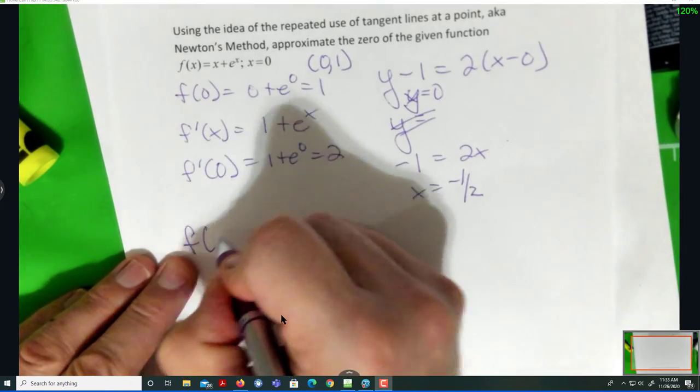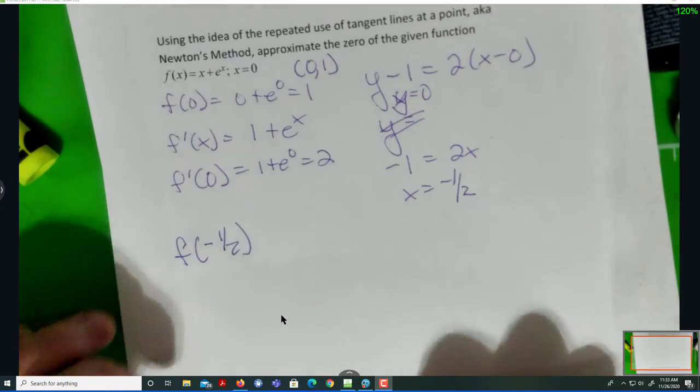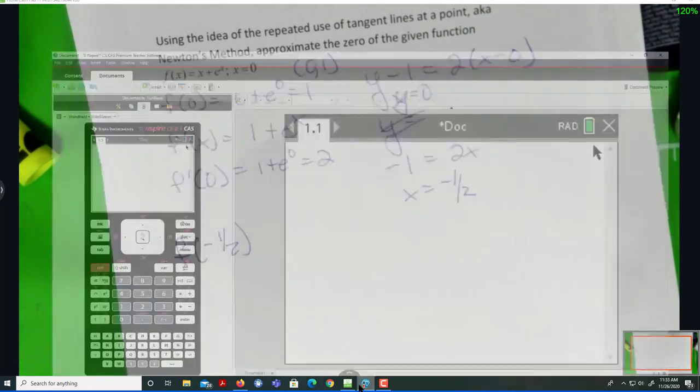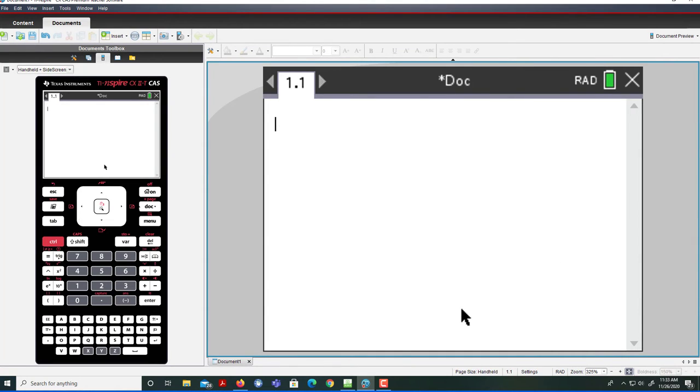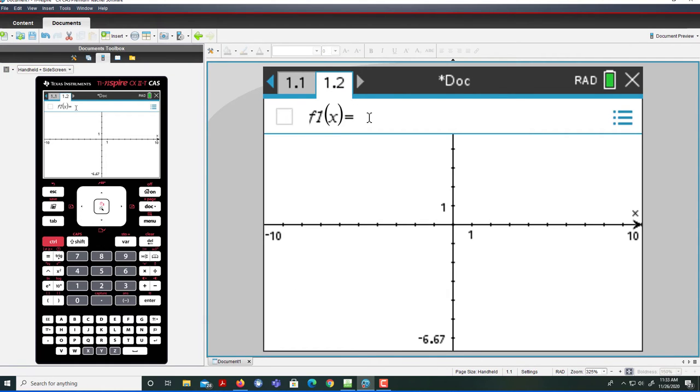Now I'm going to calculate f of minus 1/2. To do this, I'm going to pull out my graphing calculator. Let me add a graphs page here, solely to graph the function.